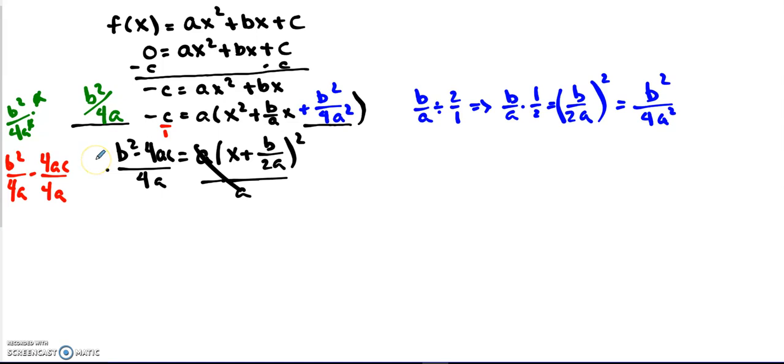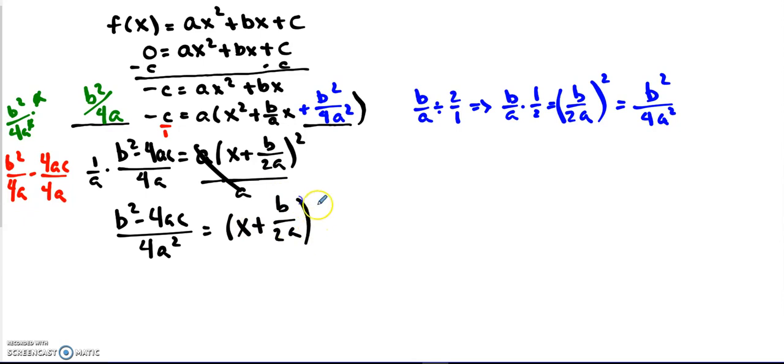So dividing by a is really multiplying by 1 over a. So here I'm going to have the same numerator, b squared minus 4ac, but the denominator is going to be 4a squared. I now have 2 a's in the denominator. And over here we have x plus b over 2a all squared.